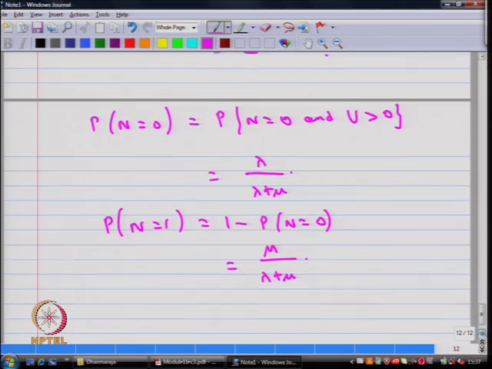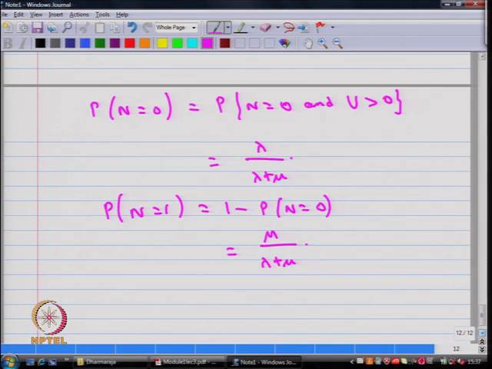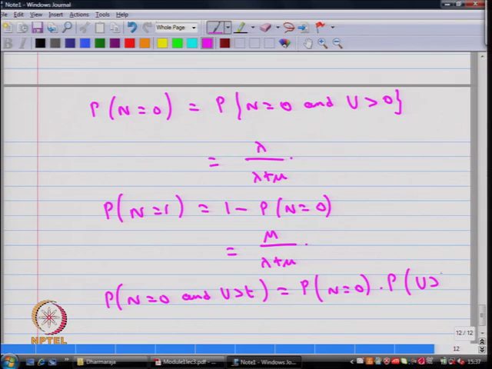If you observe, the probability of N is equal to 0 and U greater than t is the same as the probability of N is equal to 0 multiplied by the probability of U greater than t.